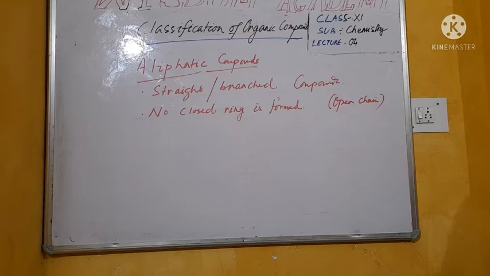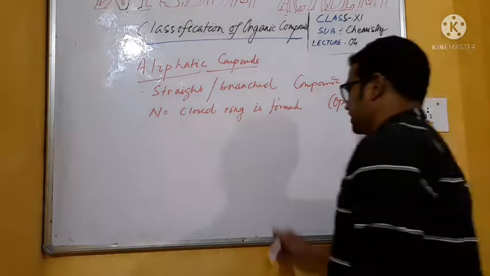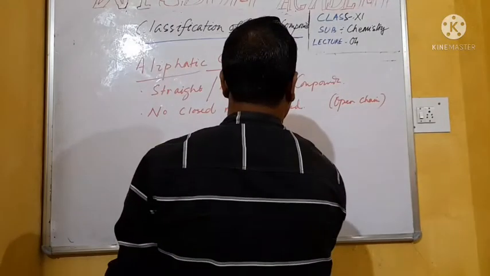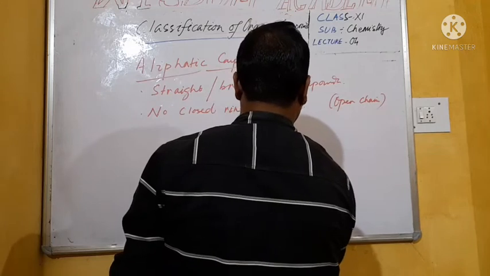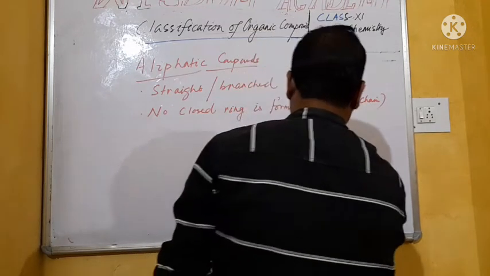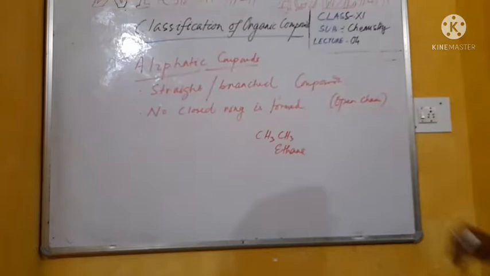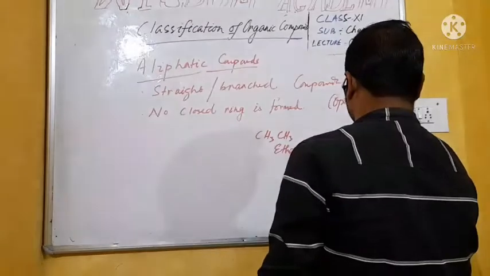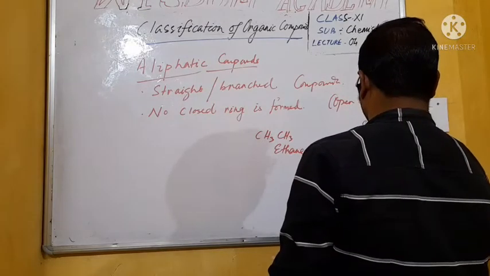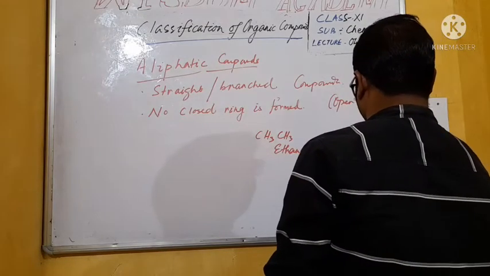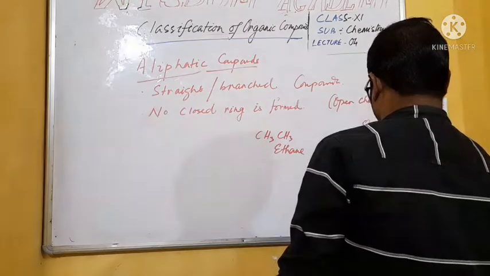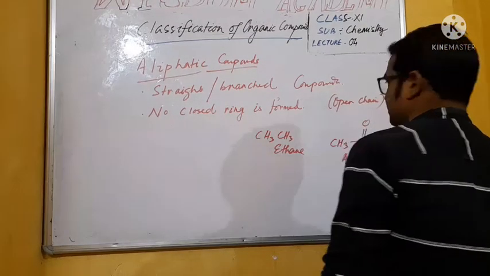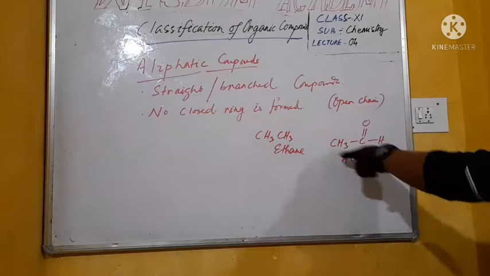So, what are some examples? CH3CH3, that is ethane. This is the straight chain. Another, branched, CH3CHO, acetaldehyde. These are aliphatic compounds.